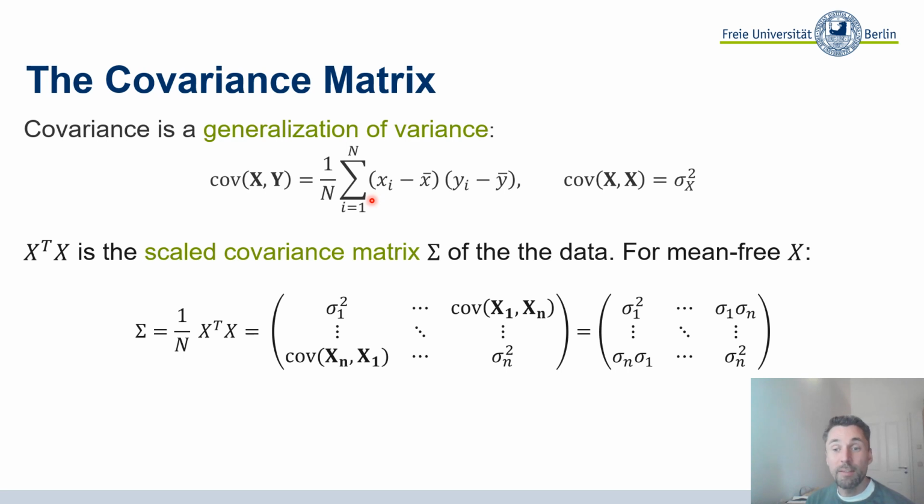So you look at the deviations, how much they vary from their individual means, and then you multiply them. So you look at how they co-vary, right? How they both vary together.